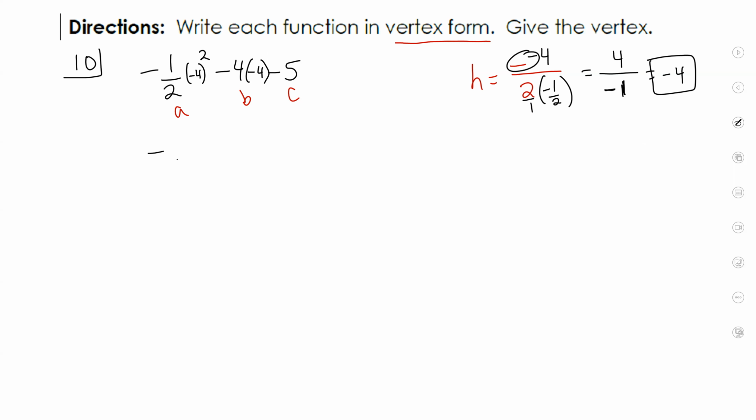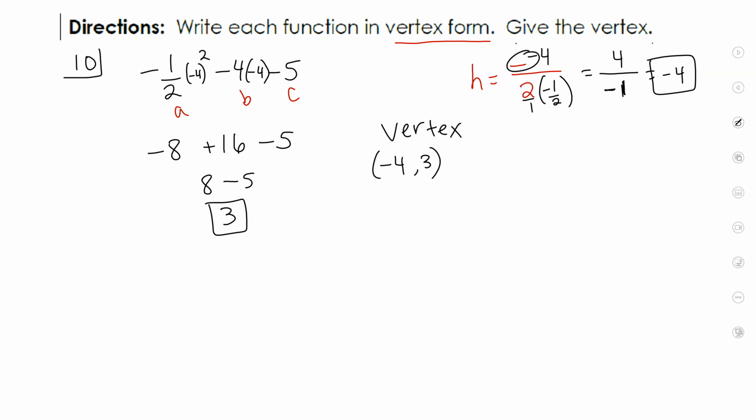So this will just be -8. -4 times a -4 becomes a positive 16, and we're subtracting 5. -8 plus 16 is just 8. Minus 5 is 3. So that means my vertex is -4, 3. It says give the vertex, so we just gave the vertex.